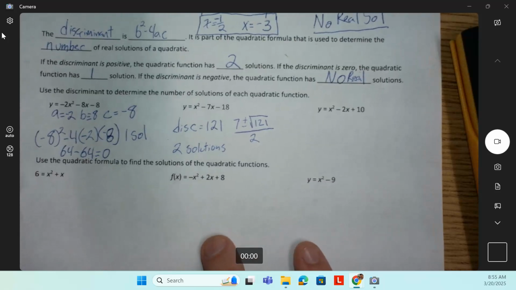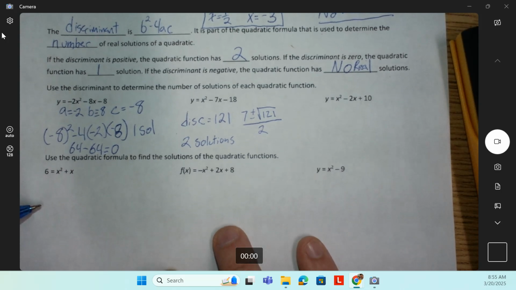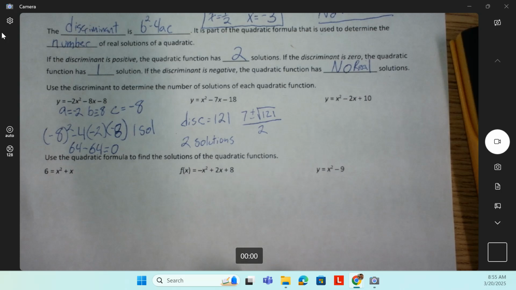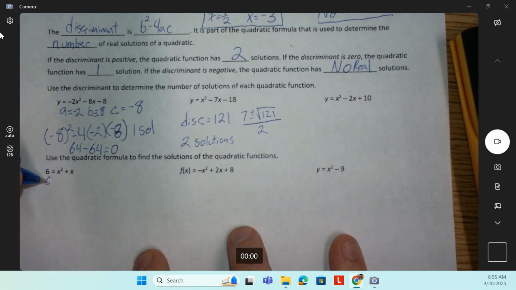So you have a few examples down here using the quadratic formula to find the solution. I will go over a couple of those real quick. Looking at the first one, I need to subtract 6 from both sides to give me 0 equals x squared plus x minus 6.